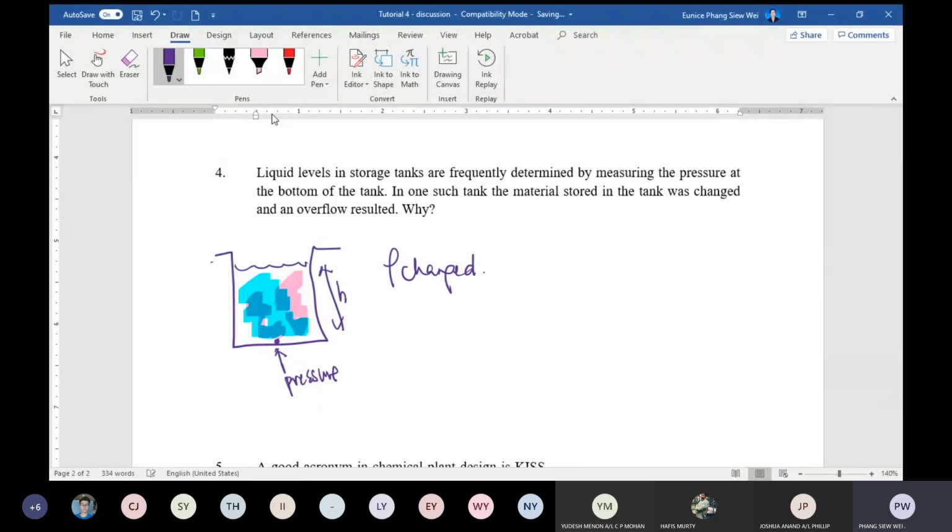So if you're the engineer, what are you going to do with this? Probably ensure that the method of measuring pressure is based on the types of densities of the material to be stored. So meaning you need to do a recalculation. Yes.